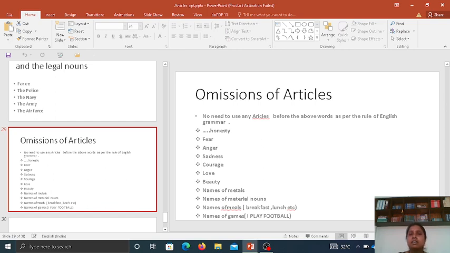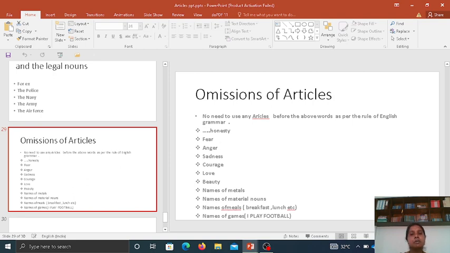Then anger, sadness, courage, love, beauty. Then names of metals. What are the metals? Like gold, silver, iron. These all are metals, and before those words we should not use the, according to the grammatical rule of the English language.